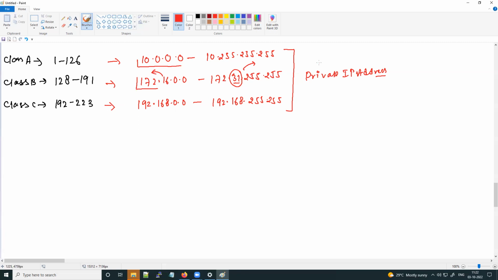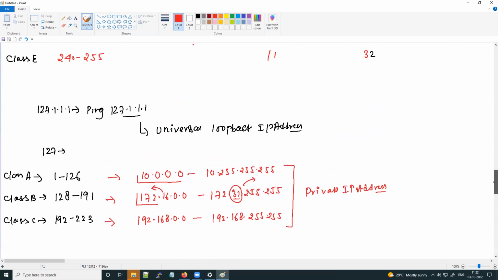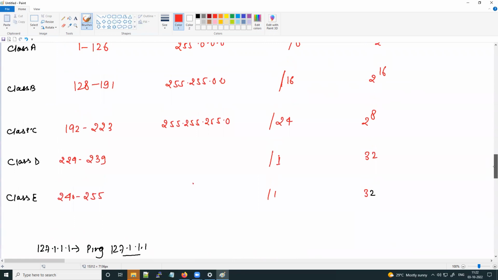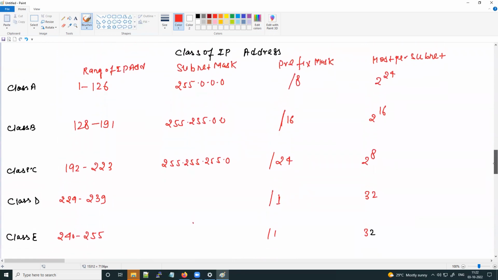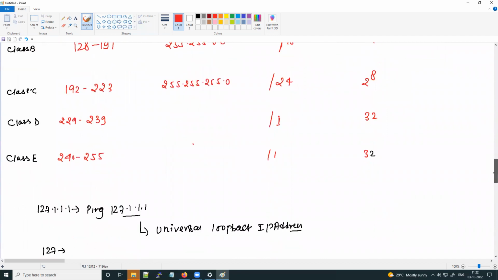So this class of the IP, A, B, C, D, whatever, is not going to impact your day-to-day activity. It's just identification and categorization of the organization.